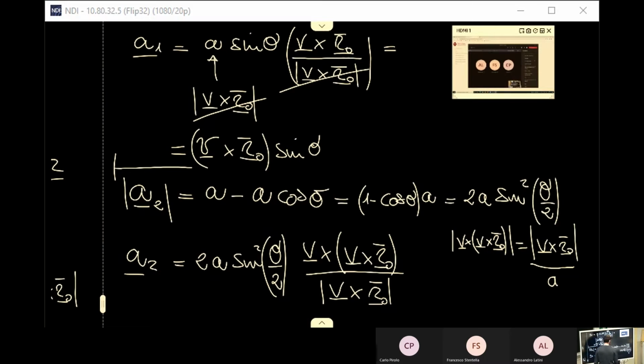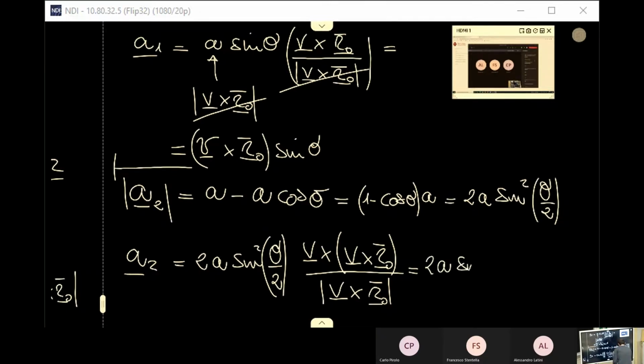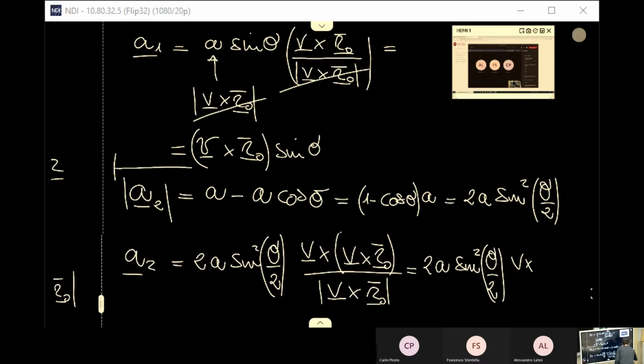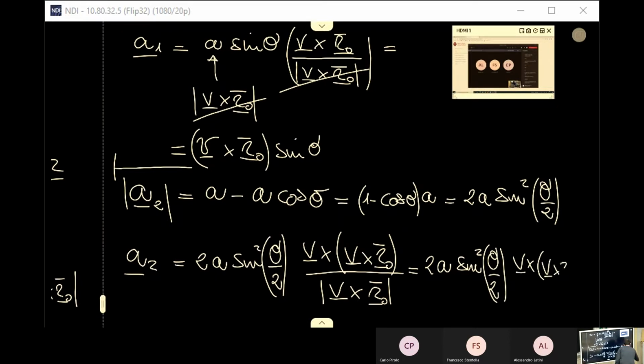So, if you allow me to erase this, this can be rewritten as 2A times the sine squared of theta divided by 2, v applied over v times r0 over bar, divided by A. Right? And this we can simplify. So that eventually we can write then A2.